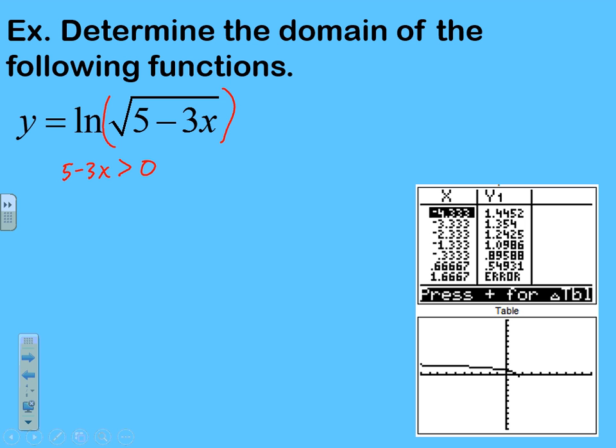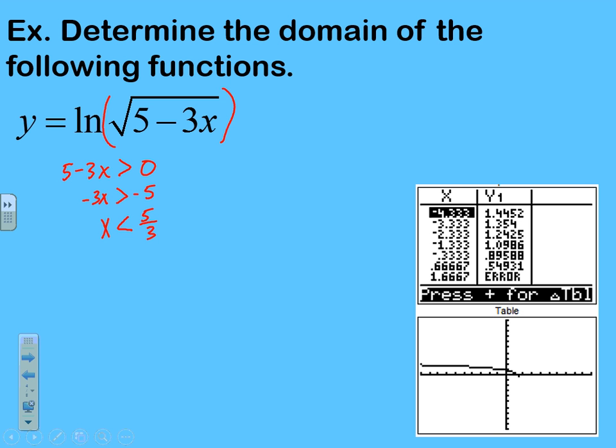This one algebraically is going to be pretty straightforward. So solve for x, move the 5 onto the other side, and I'm going to get negative 3x is greater than negative 5. Divide everything by negative 3, and when I divide with a negative number, the inequality symbol turns around. So negative 5 divided by negative 3 gives me a positive 5/3.